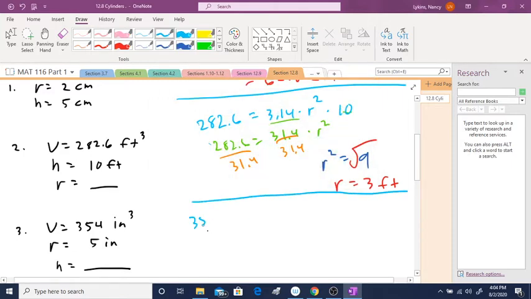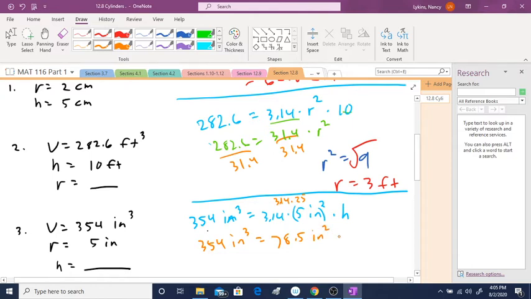You have 354 inches cubed equals, this time, 3.14 times 5 inches squared times the height. 5 squared is 25, and 25 times 3.14 gives me 78.5, and that's going to be inches squared times h.